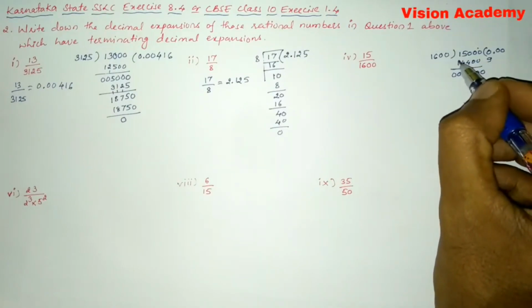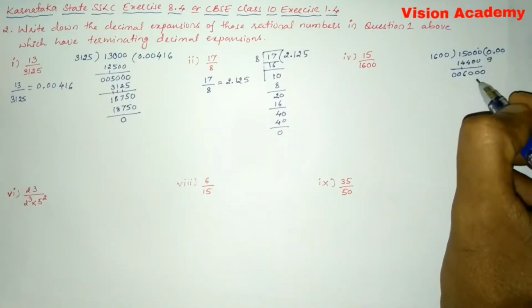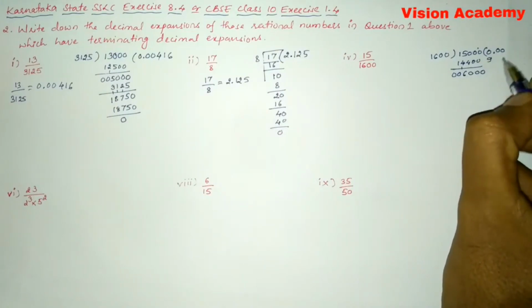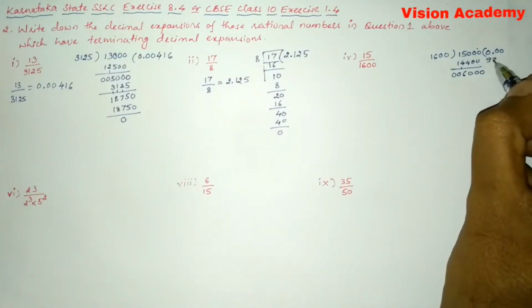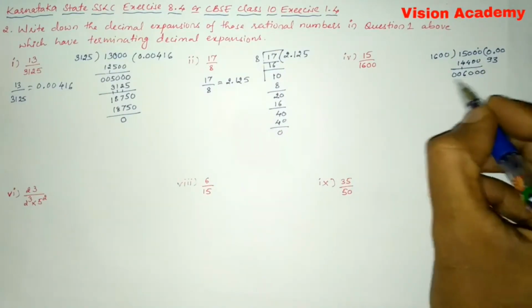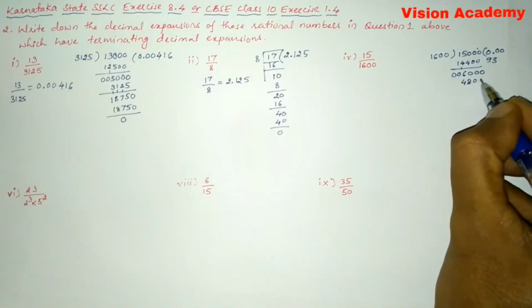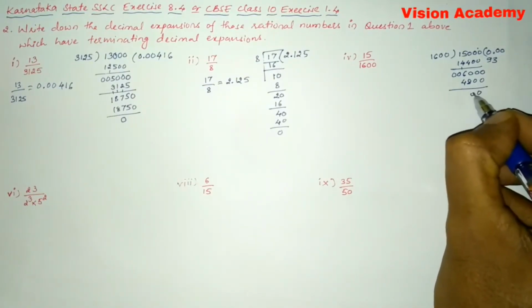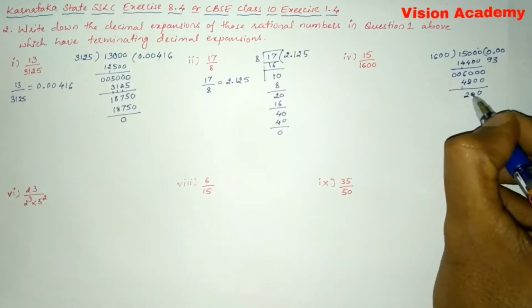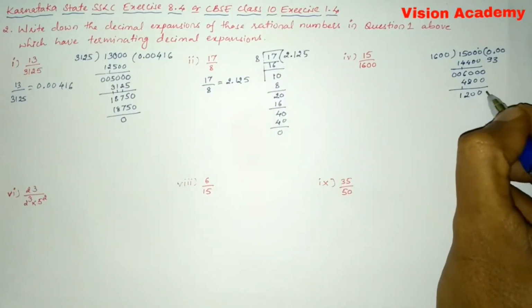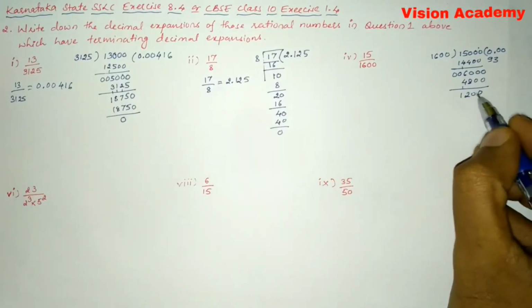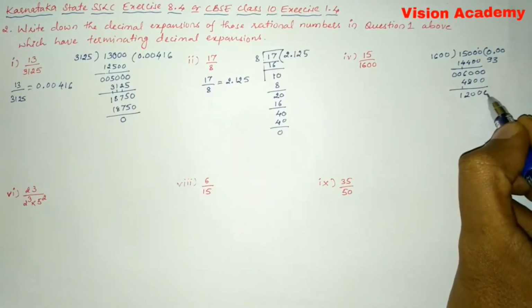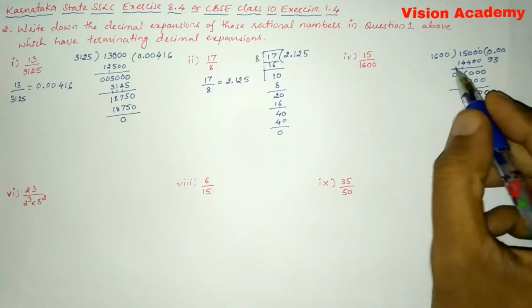Now 1600, how much are 6,000 or less than that? Here 1600 3s are 4,800. Let us subtract this 0 0. Next it will become 2, and 6 minus 5 is 1. Now it is 1200. Here 1200 is less than 1600. So let us take one more 0. Now it will become 12,000.